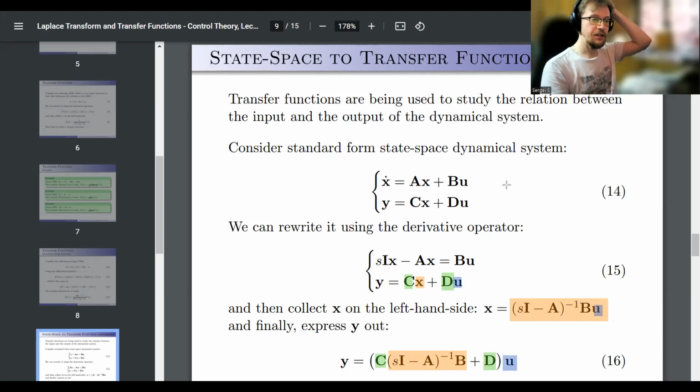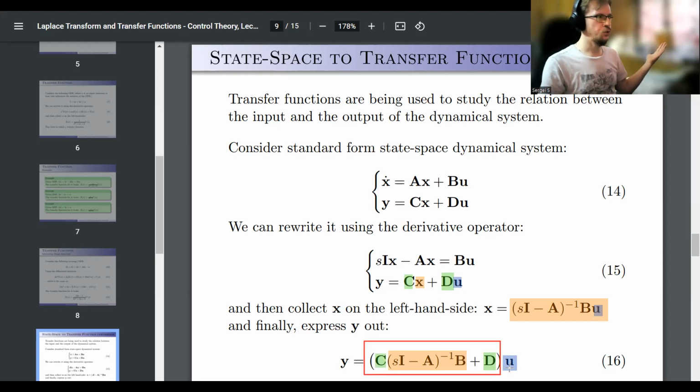And that's what we get. This last formula is basically a transfer function from u to y that we can get in state space. The derivation just requires one trick. Go from here to here, and then do algebra.